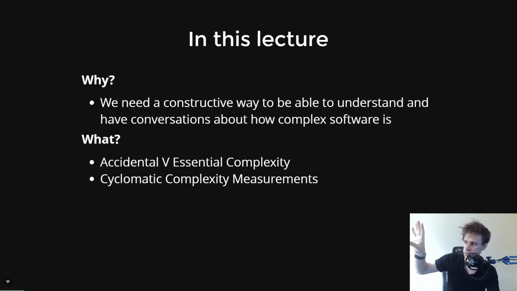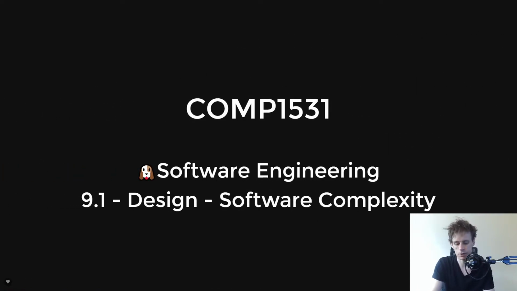The first one is to talk about accidental and essential complexity as an idea. This is how we talk about different types of complexity, and then we're going to talk about cyclomatic complexity as well. Now, for our 2521 past and present friends, this is a different thing to time complexity or space complexity.